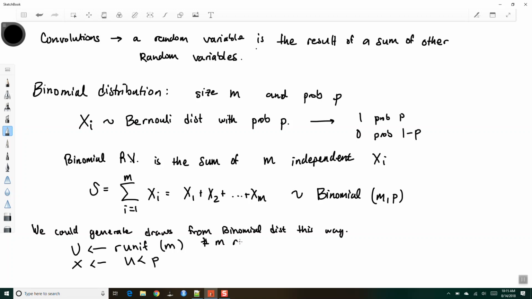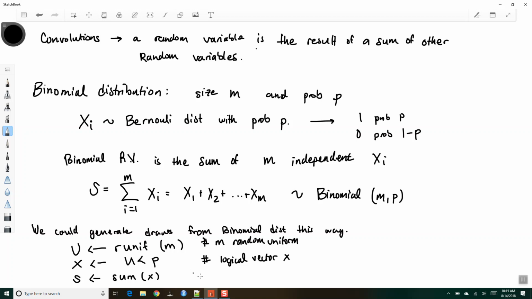So we have m random uniform values. Now we have a logical vector x with values 0 and 1, and we can convert this into zeros and ones. And then S would just be sum of x.